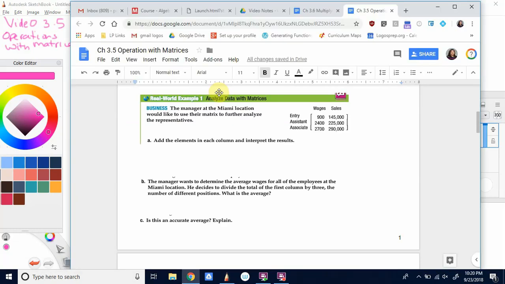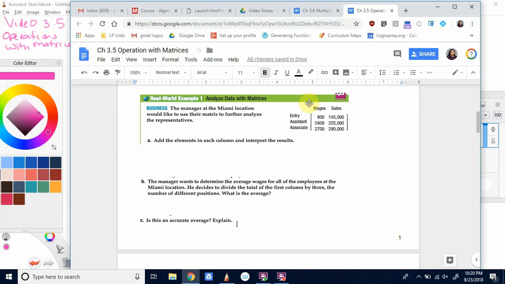The next question: is this an accurate average? Explain. Well, if we have the same number of each type, then yes. Otherwise, no, and it would need to be weighted.